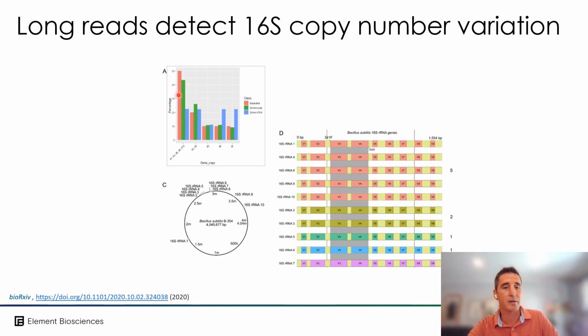You can see that on the y-axis we're plotting the copy number variation properly, whereas with short-read sequencing, for several of the copies, this one here and these 2 here, 3 out of the 5 unique copies, the copy number is not accurately accounted for.